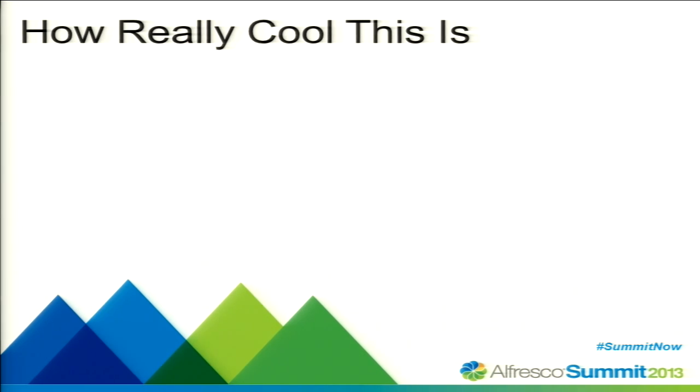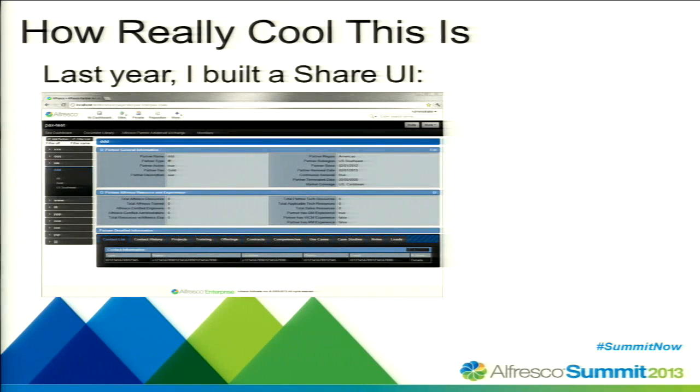So I thought I would stop here and actually reflect on how cool this is. So here's my personal story. Last year, I built this user interface using the old Share libraries and some jQuery. I did this for an internal project where I wanted to track some data about some of our partners.